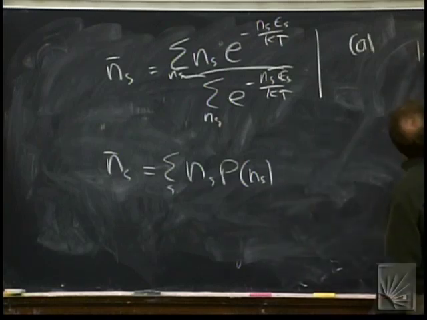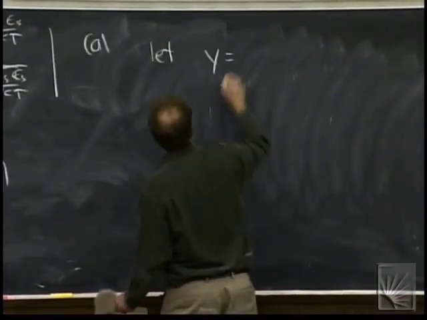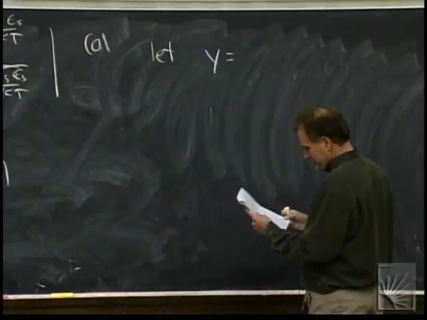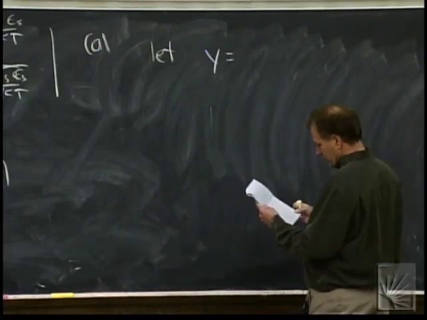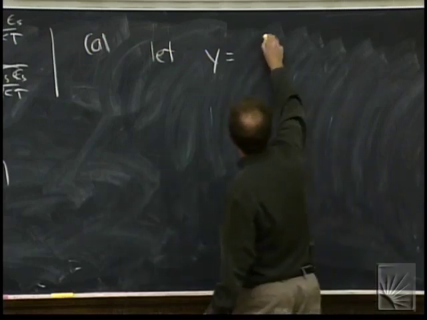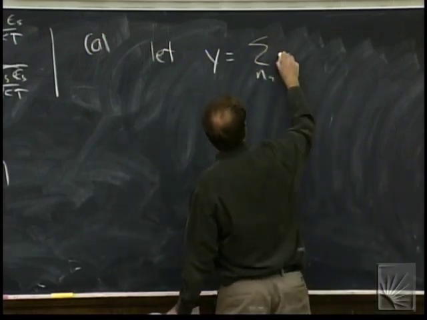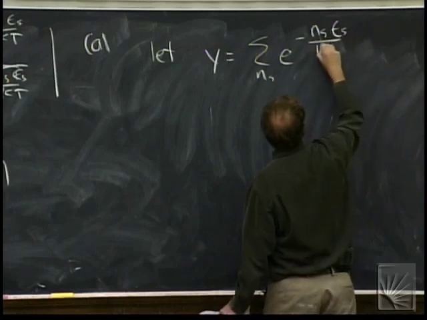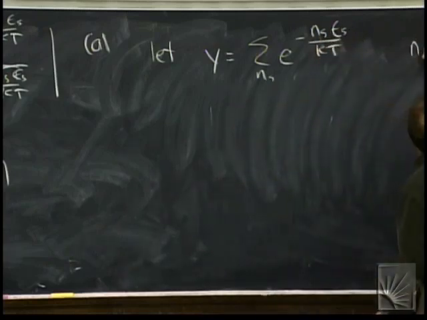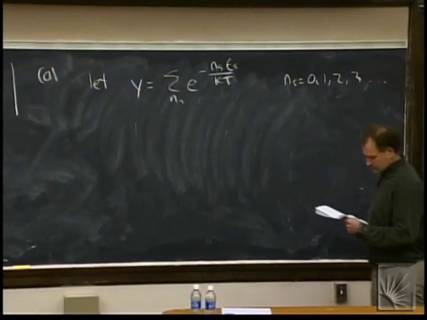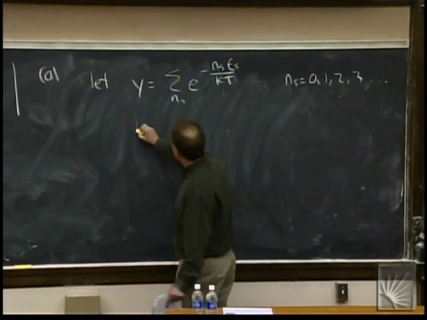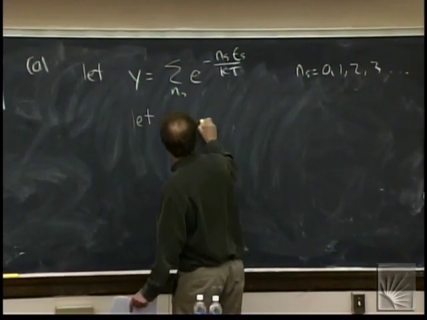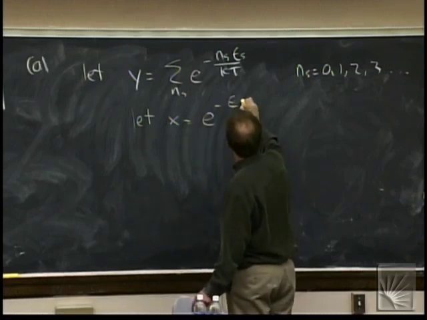Okay, so what's the trickery I want to do? This is just shorthand because I'm going to get tired of writing it otherwise. I'm going to let y equal this sum. And let x equal e to the minus E_s over kT.